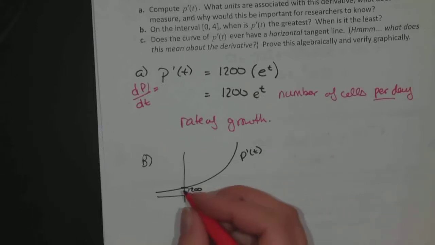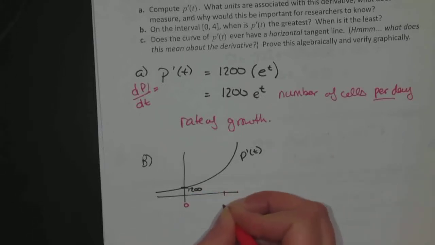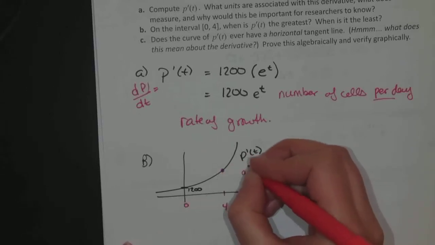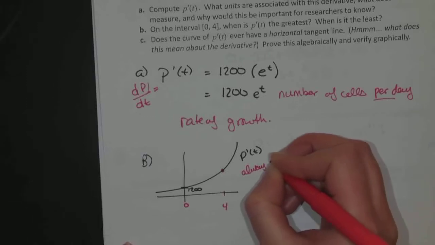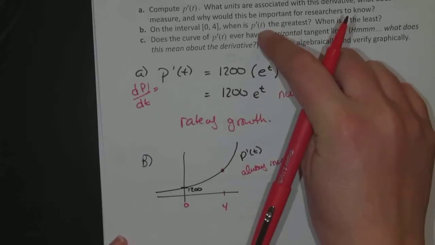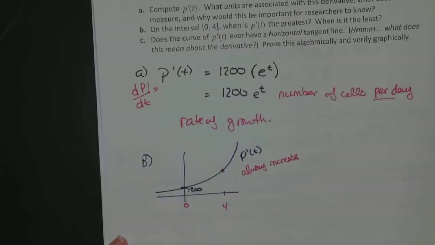Because I know the shape of this graph, I know that it's going to be greatest because this function is always increasing. So I know that it's going to be the greatest at 4, and the least at 0.